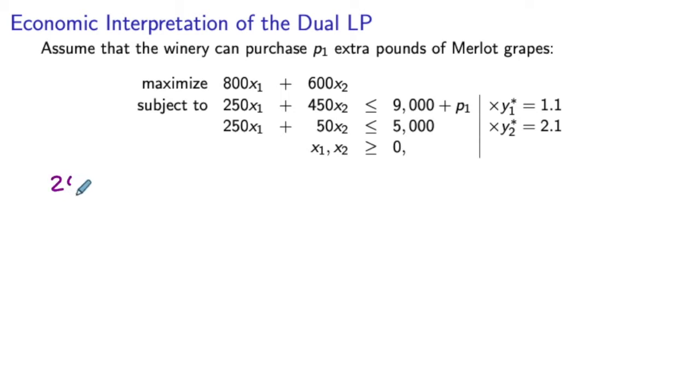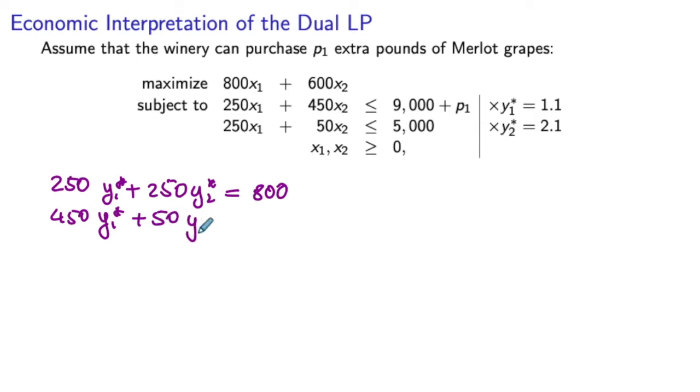So we'll have 250 times y1 star plus 250 times y2 star is equal to 800. And similarly for the second dual constraint, we'll have 450 times y1 star plus 50 times y2 star is equal to 600. So I can replace 800 with the first sum in the objective, and similarly I can replace 600 with the second sum.